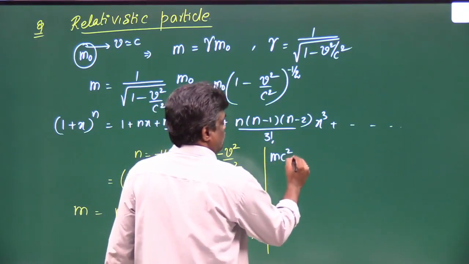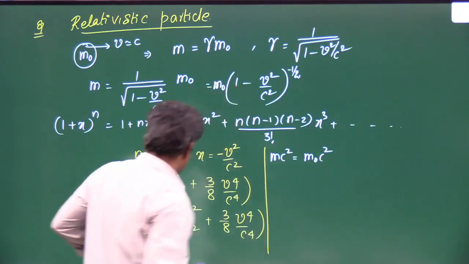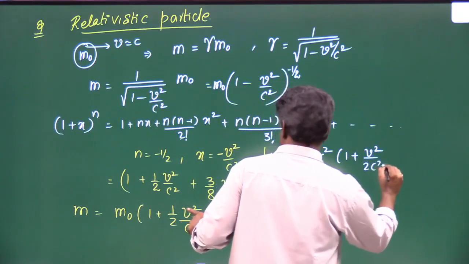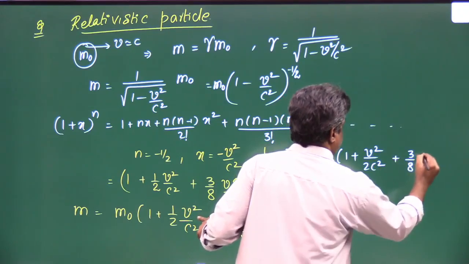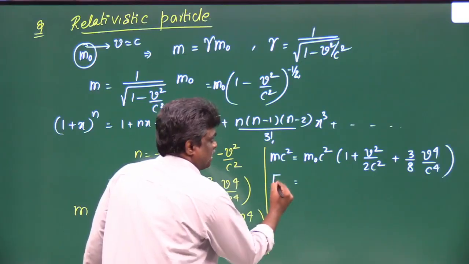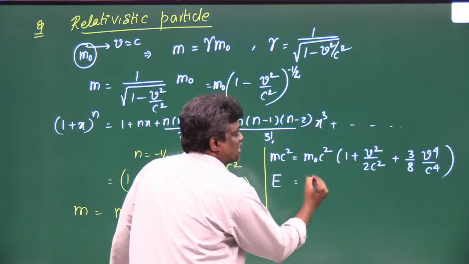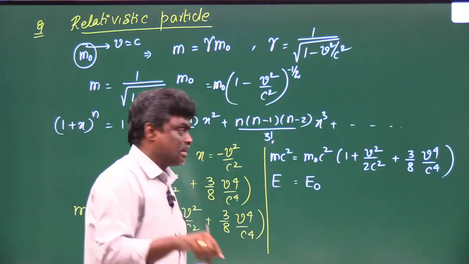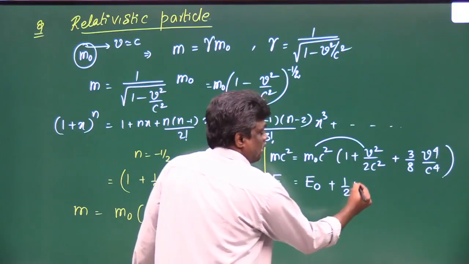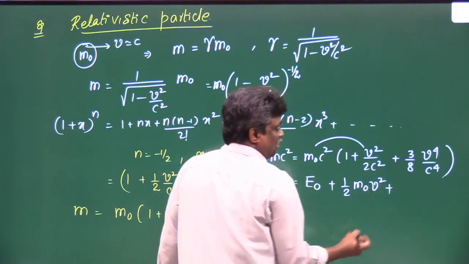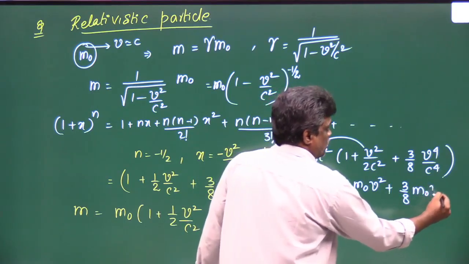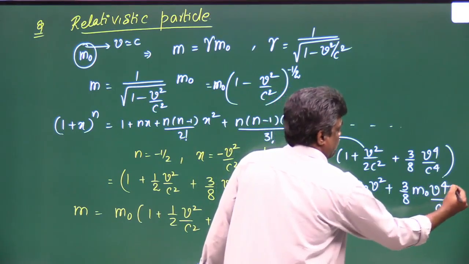That is mc square equals m naught c square, just splitting this, into 1 plus v square by 2c square plus 3 by 8 v power 4 by c power 4. mc square is nothing but the energy, and this m naught c square is nothing but the rest mass energy, plus, multiplying this and this, half c square gets cancelled, m naught v square, and c square and c power 4 gets cancelled, 3 by 8 m naught v power 4 by c square.